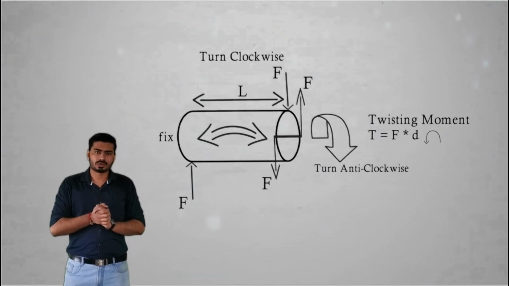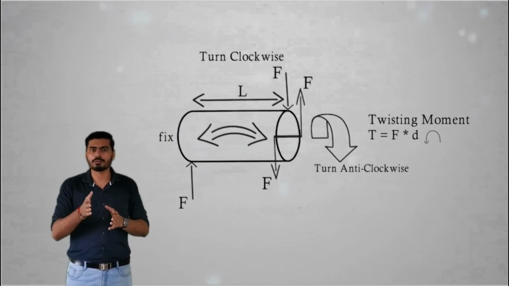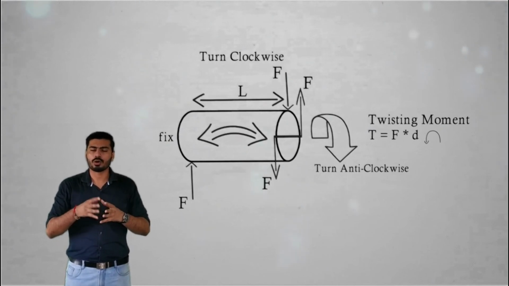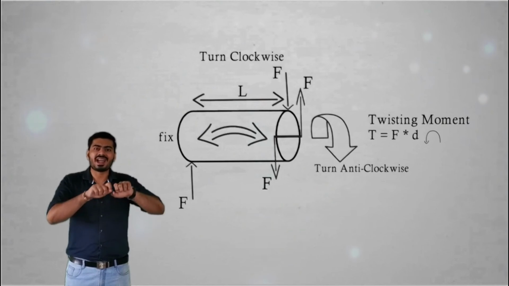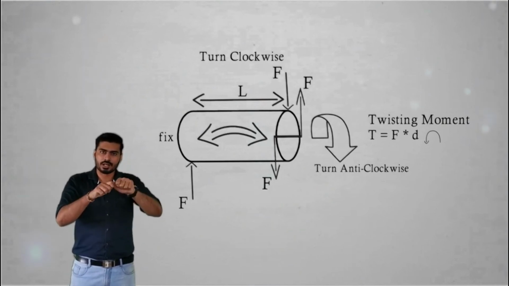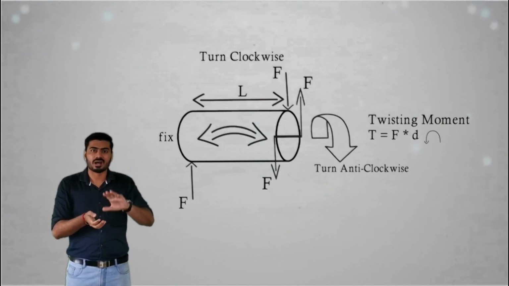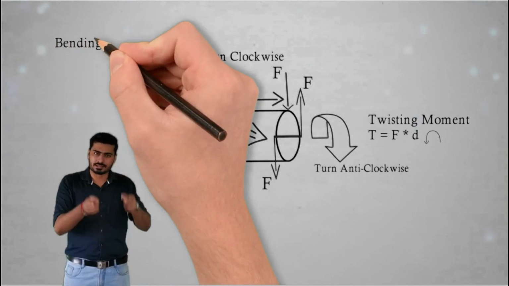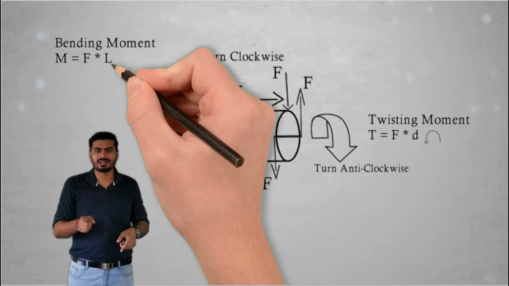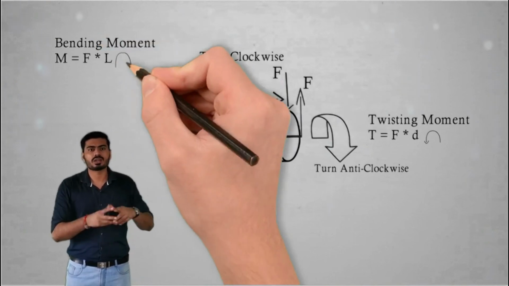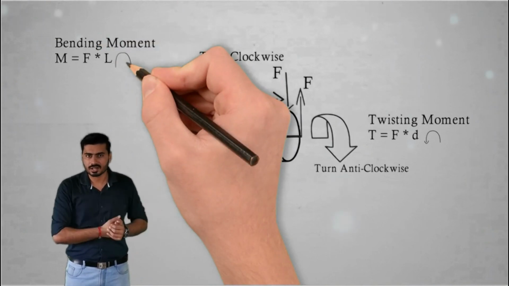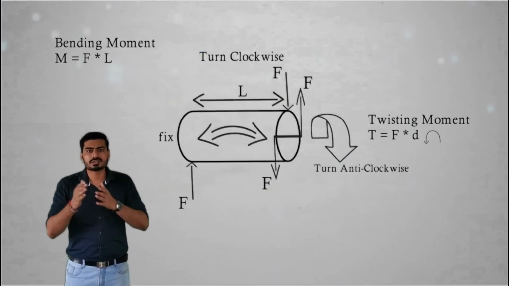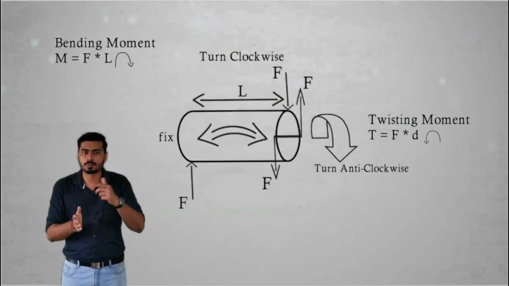And due to the fixing of the body, it will try to bend the body like this. If the body were free, then the body would rotate like this, and this rotation is nothing but a clockwise rotation. But the body is fixed, and that's why the rotation is prohibited.